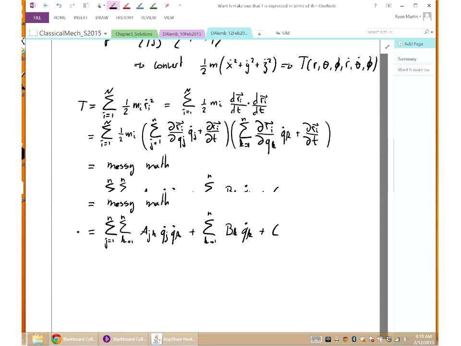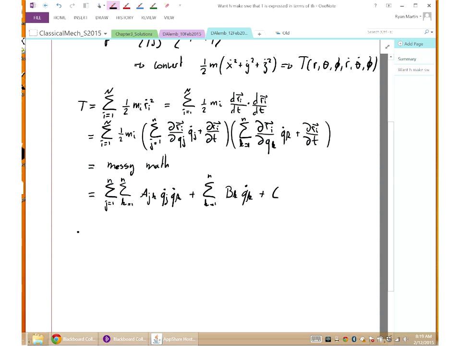So this gives us what we wanted, right? This is now T as a function of q_1 to q_n, q_1 dot to q_n dot, and in principle t as well.